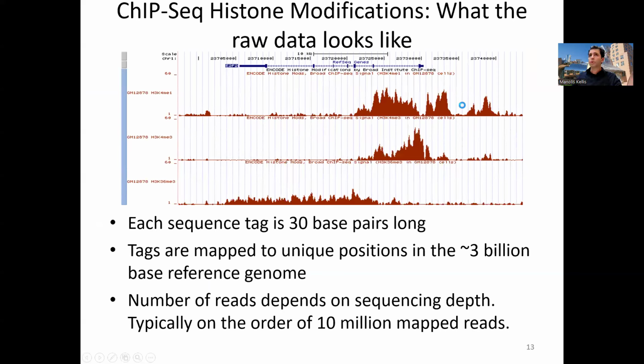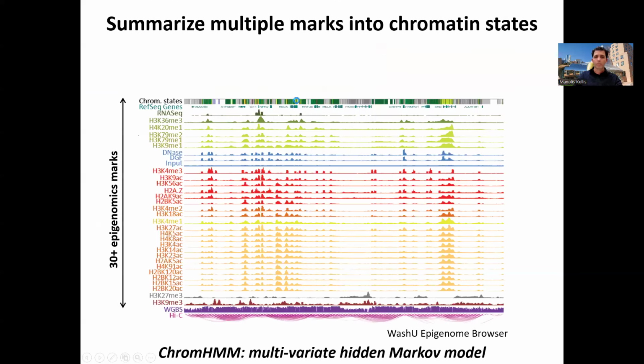Everybody with me here? The next step is, what do I do with that? Are these reads distributed in a way that suggests that the experiment was successful? Are they matching across different marks in ways that allow me to infer more information about the genome?